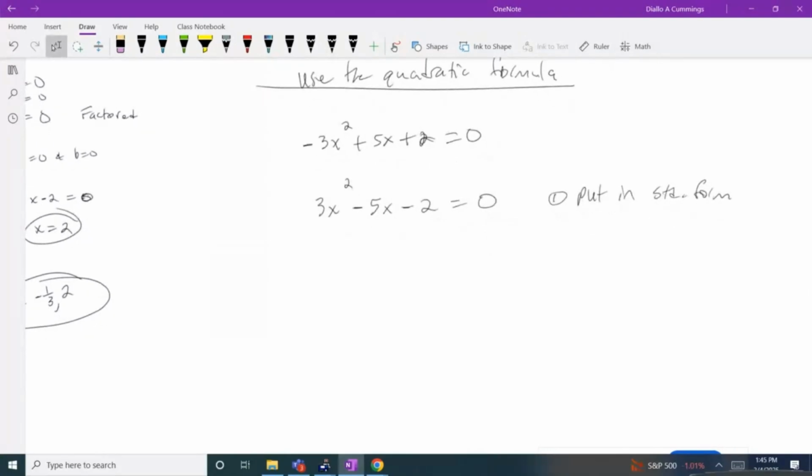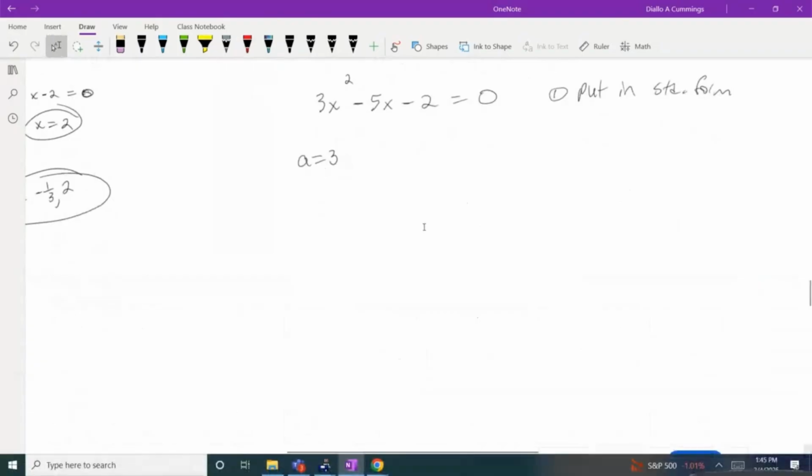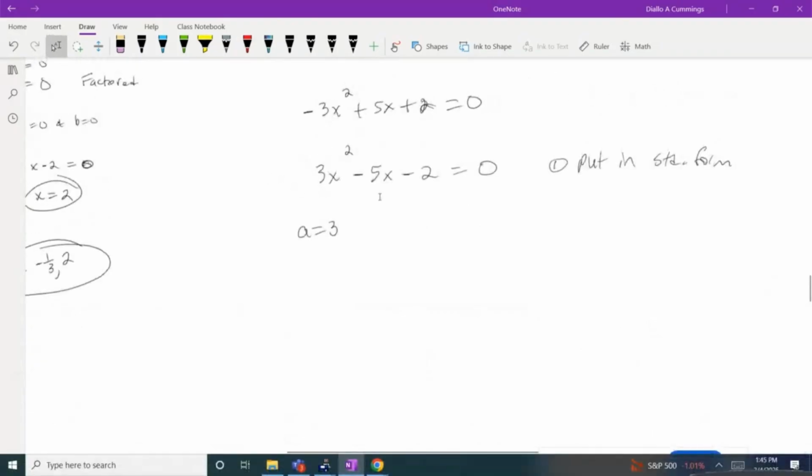For the quadratic formula, a is going to equal the coefficient of the first term. Just remember, coefficient means the numerical part of a term. b is the coefficient of my middle term. You want to make sure you keep the number as well as its sign. c is going to equal the constant.